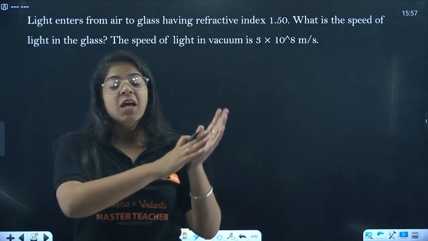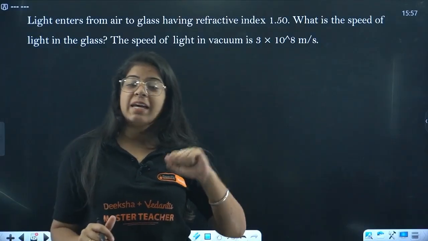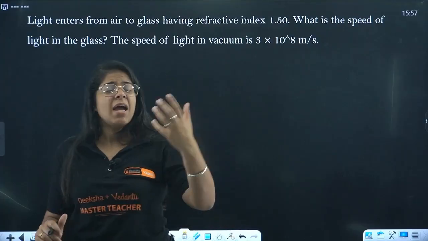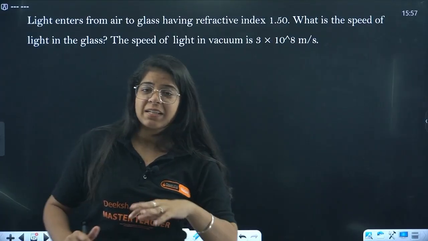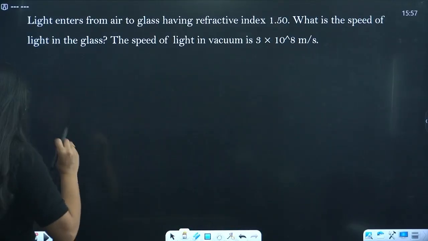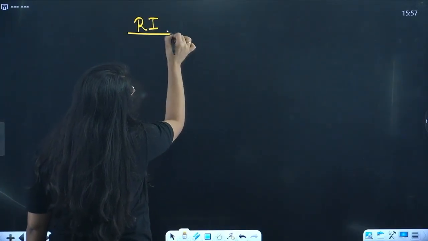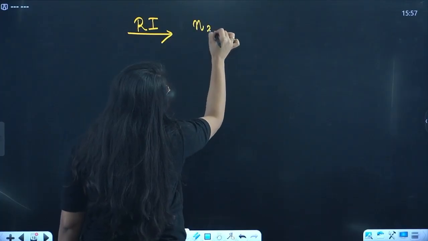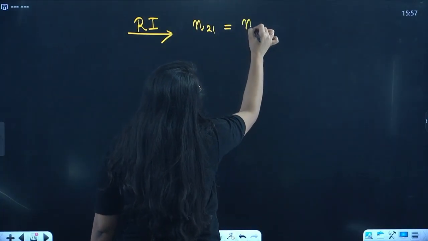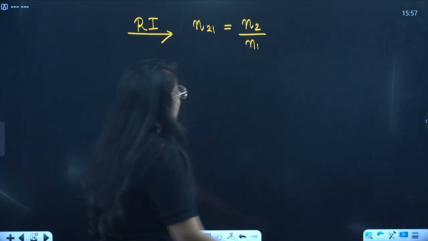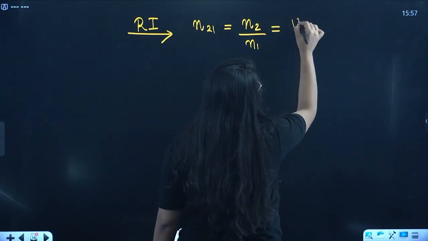We are done with the whole part. We saw concave lens, we saw convex lens, we saw refraction through glass slab, absolute refractive index, refractive index. Let's just quickly, before that, revise the formula of refractive index. That is basically refractive index n21. That means refractive index of medium 2 with respect to medium 1, and velocity is simply the inverse of that.